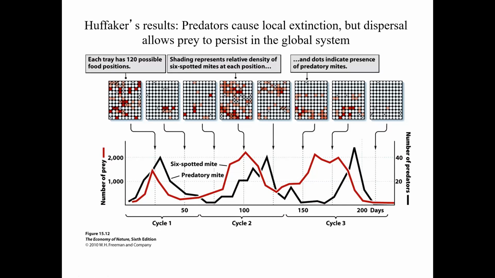And they could establish a new population that the predator would have to then find. So again, the predatory mite is generally, let's see here, six-spotted mite. Yeah, six-spotted mite is the prey.